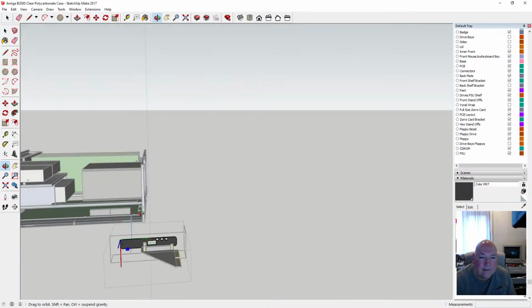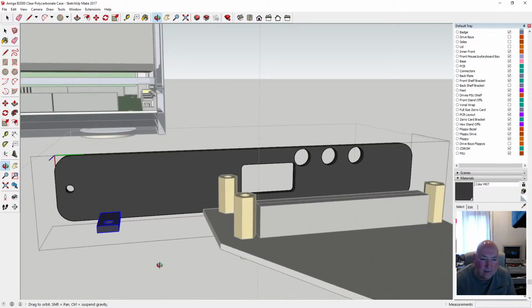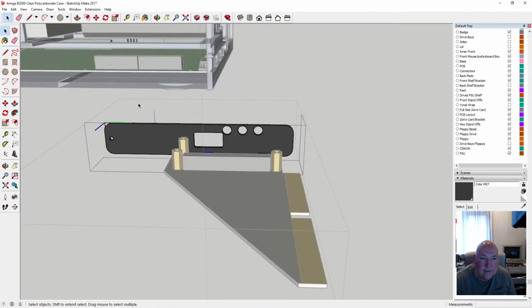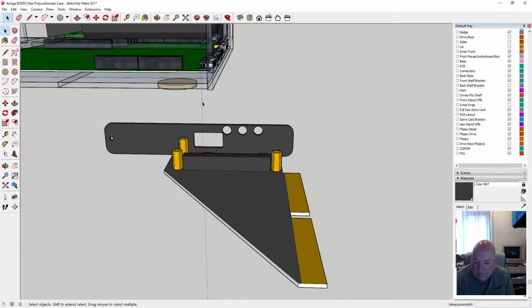Oh my god. Oh, I lost control of it. So I need to move it down. That edge needs to come down here. Onto there. So hopefully that should be over the hole.